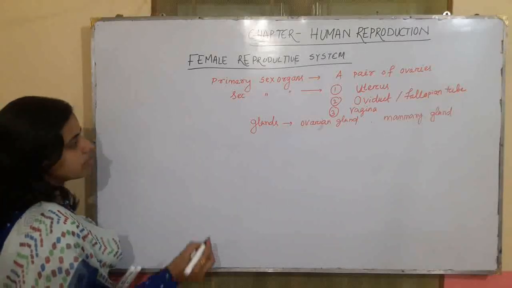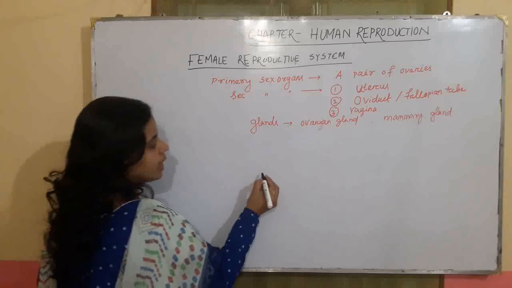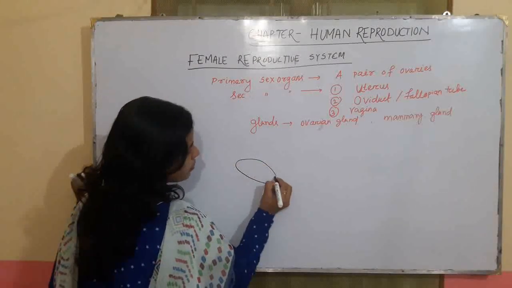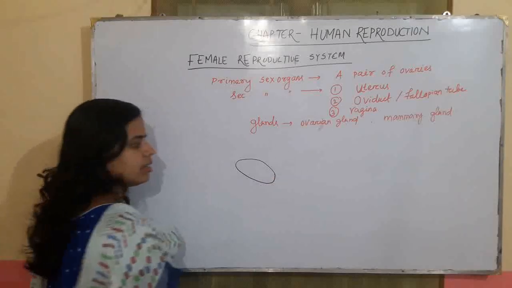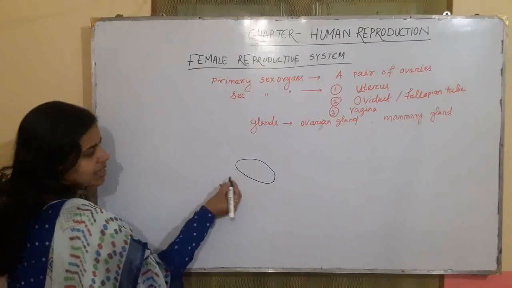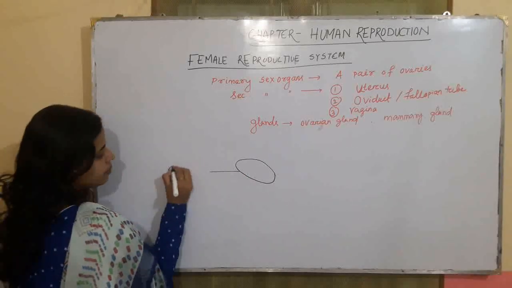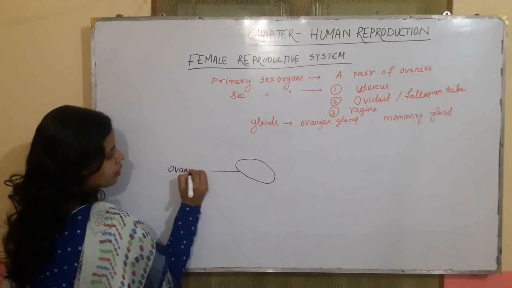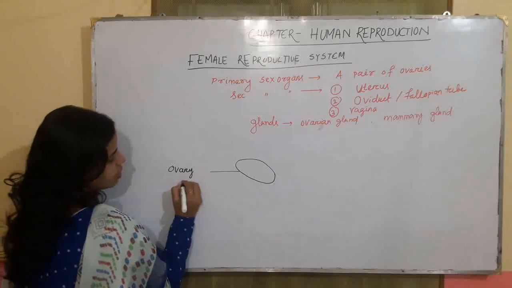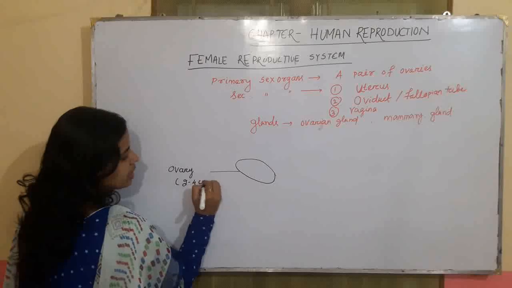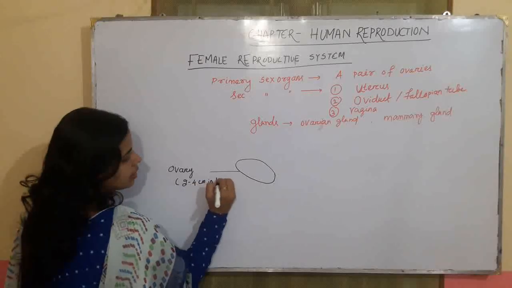The female reproductive system, as I told, has the ovary. The ovary is almond shaped, 2 to 4 centimeters in length.